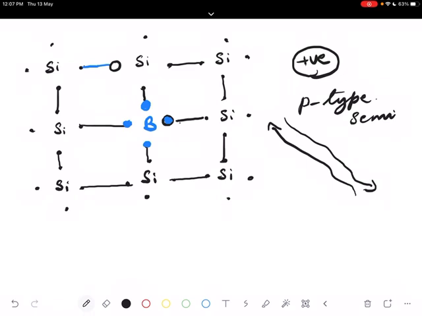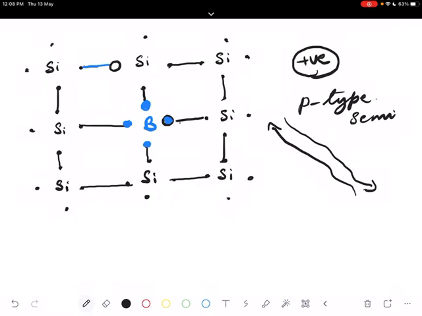Now we are using the electron hole, which is considered positive in nature. So the conductivity is due to the movement of positive charge, and we call it a p-type, positive-type semiconductor. So: n-type semiconductor, p-type semiconductor.